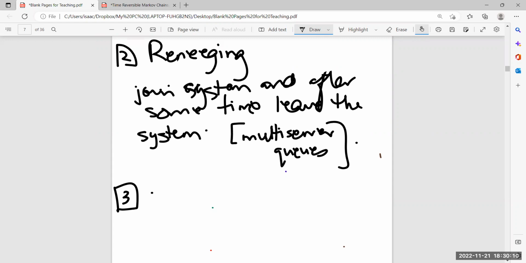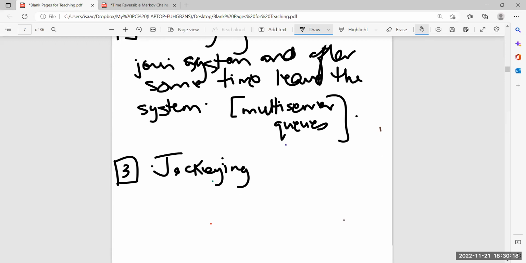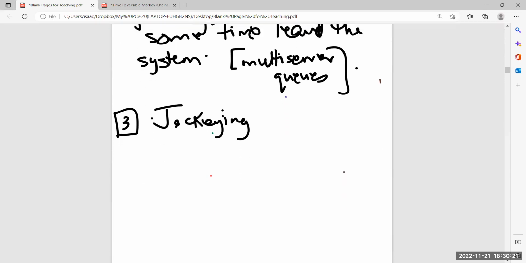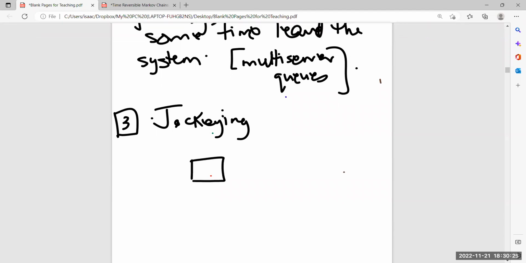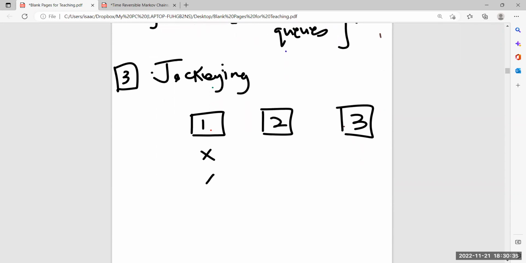And the third one is the one maybe you all would know, it's called jockeying, right? And jockeying is simply this. You have a multi-server system. So let's say this multi-server system has 3 servers in it. And then you have queues like this.